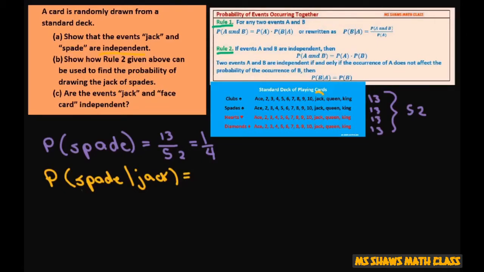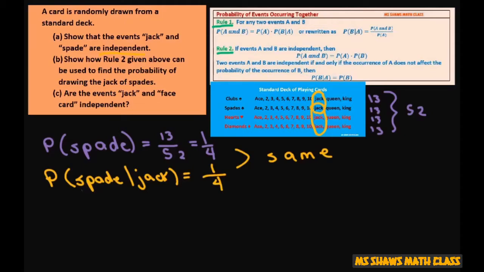We have 4 Jacks. That's your total, and only 1 Jack is a spade. So that gives you 1/4. Since the probabilities are the same, that means they are considered independent.